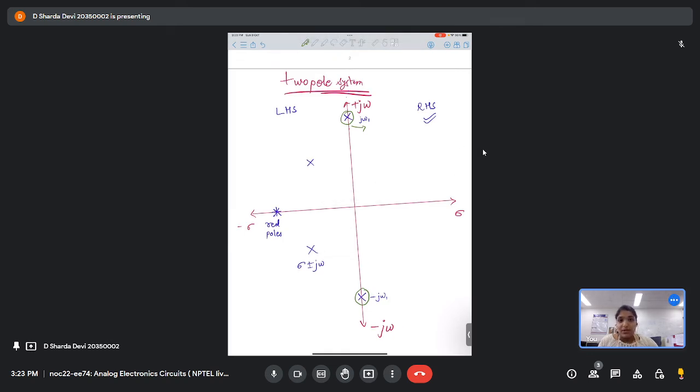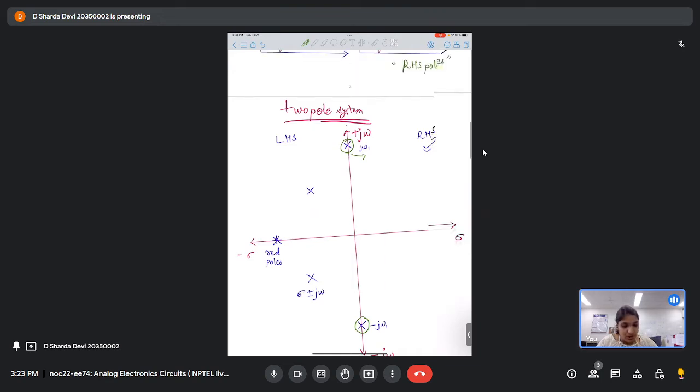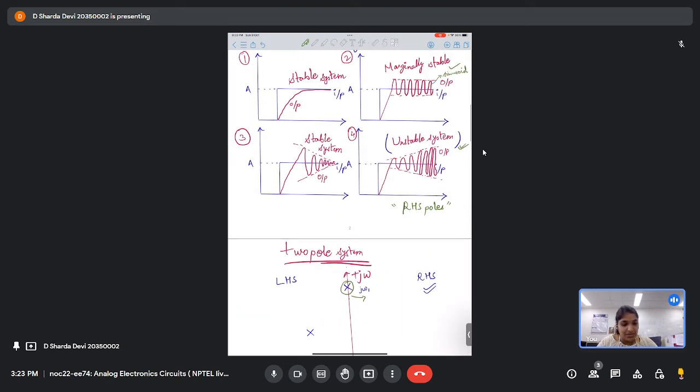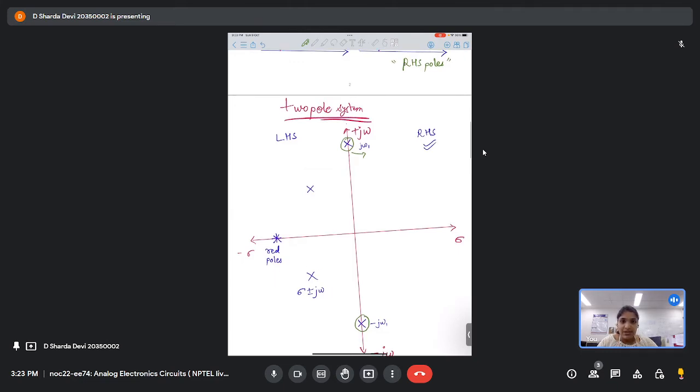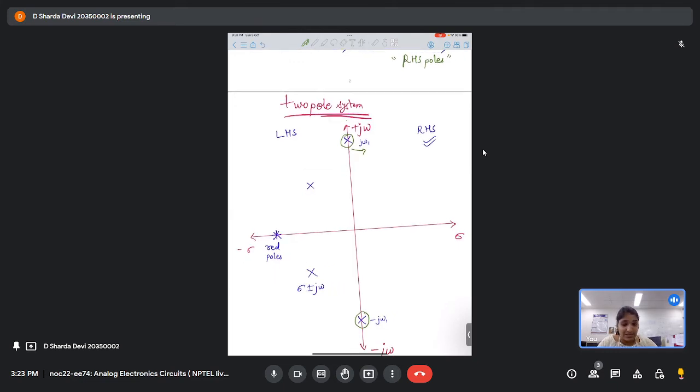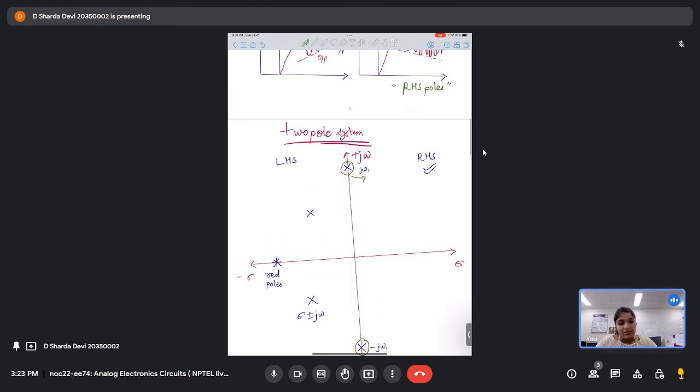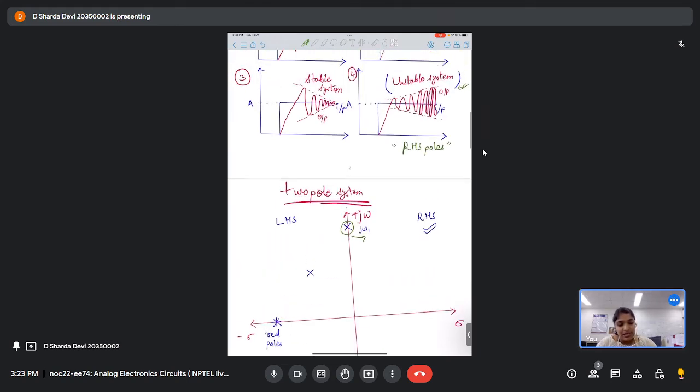So, yeah, we'll continue. Talking about marginally stable systems, when we have poles on the imaginary axis of our S-plane, at that point we see a marginally stable system. Now, the second type of system is known as a damped system.